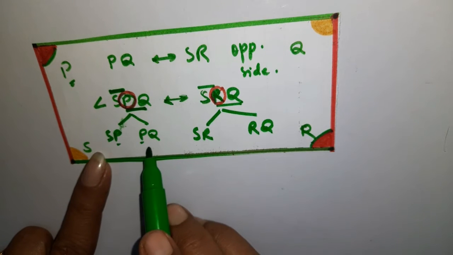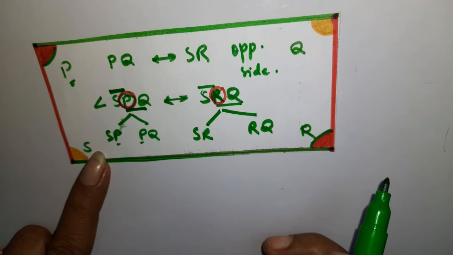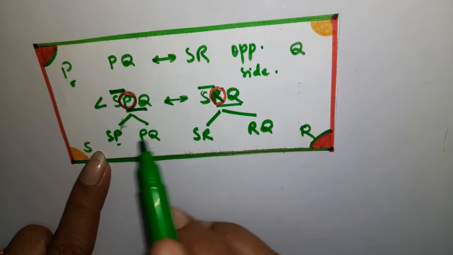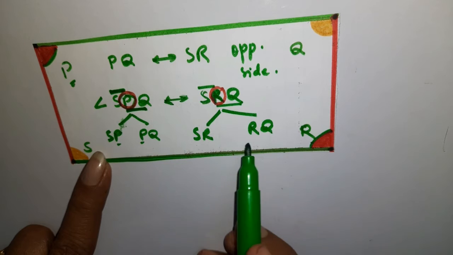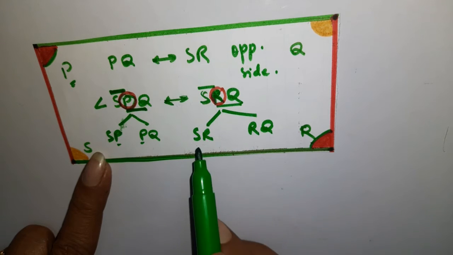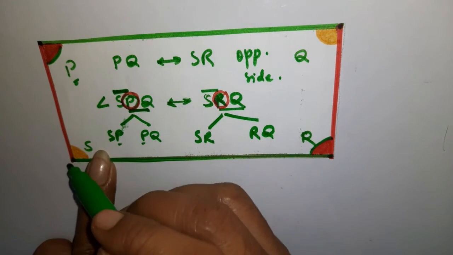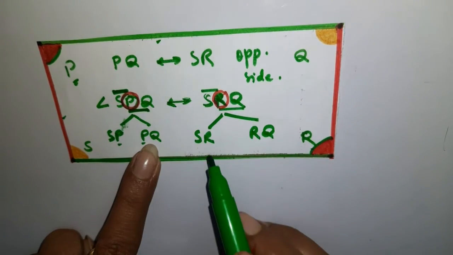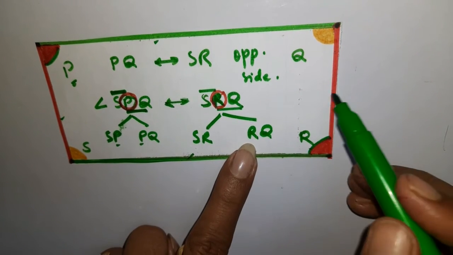If you observe carefully, you will see that none of the arms are common in these two pairs of angles. This is SP, PQ, SR, RQ. All the arms are different. SP, this arm, PQ, this arm, SR, this arm, and RQ, this arm.